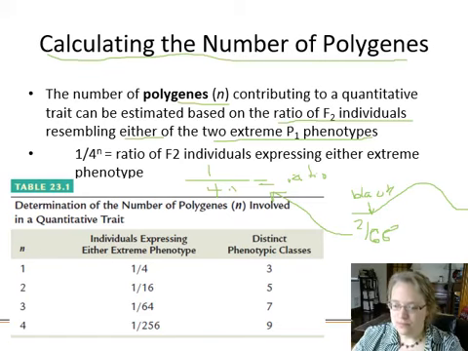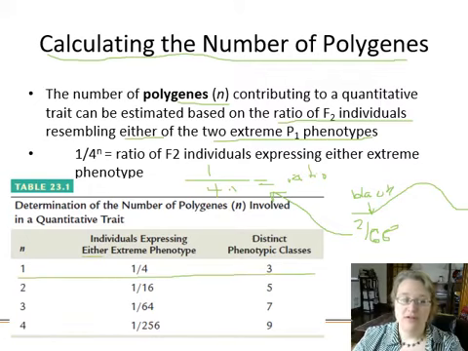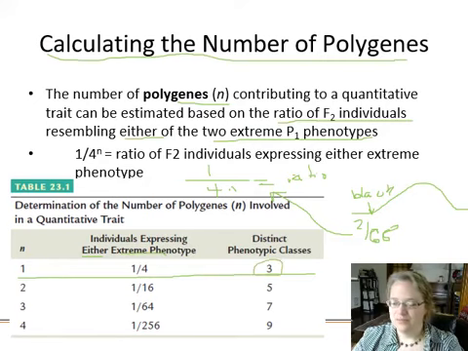So some of these are easy. If you've got 1/4 expressing an extreme phenotype, then you probably have 3 distinct phenotypic classes and just one gene going on there, because (1/4)^n, in this case n equals 1.